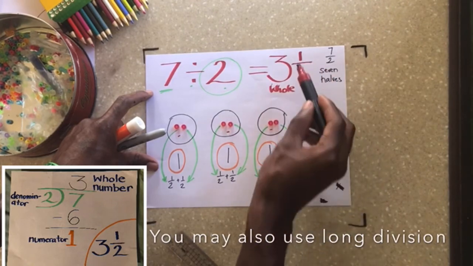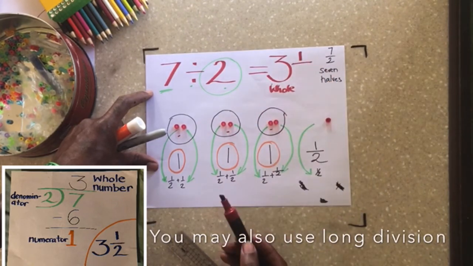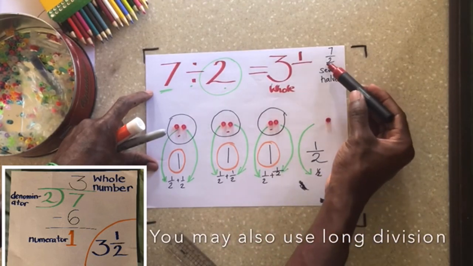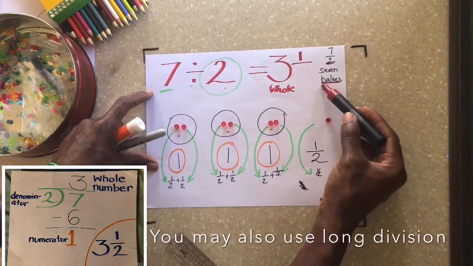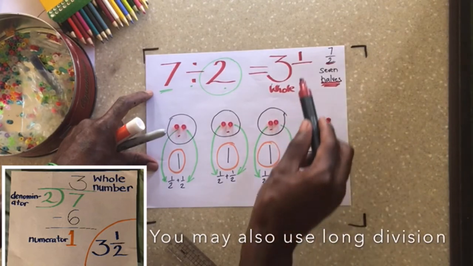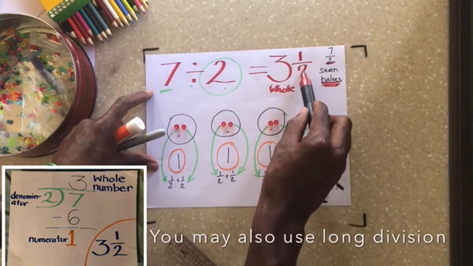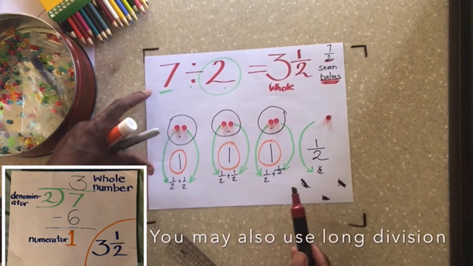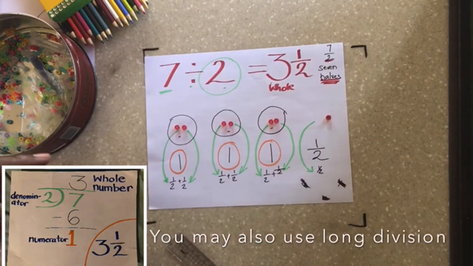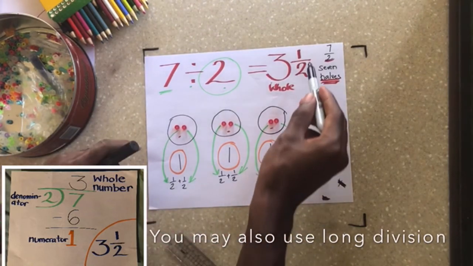So it's going to be 1 over, and which number are we going to use as a denominator? The fraction family was halves, so that means that we must still have half, or 2, as a denominator, which is the fraction family.